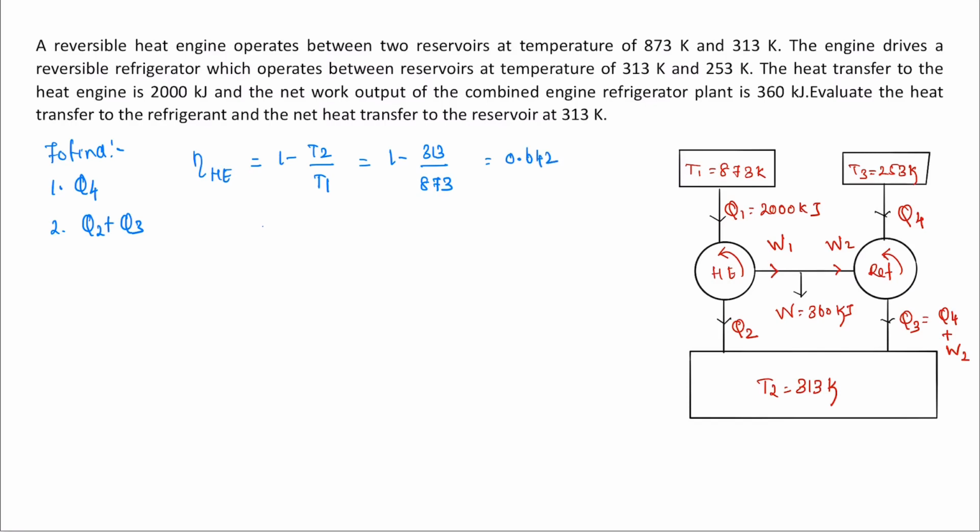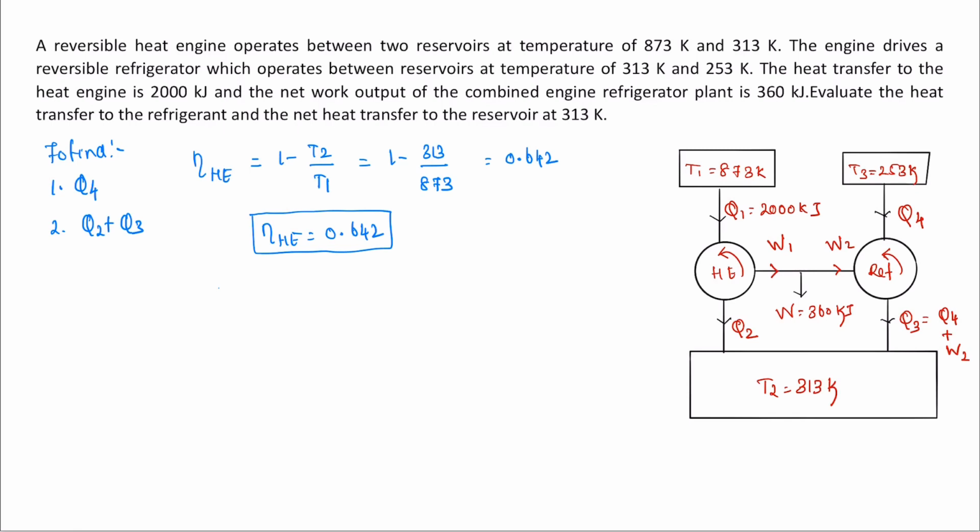The efficiency of the heat engine is therefore equal to 0.642. We have found the value of the efficiency of the heat engine. Now with this you can find the value of Q2.